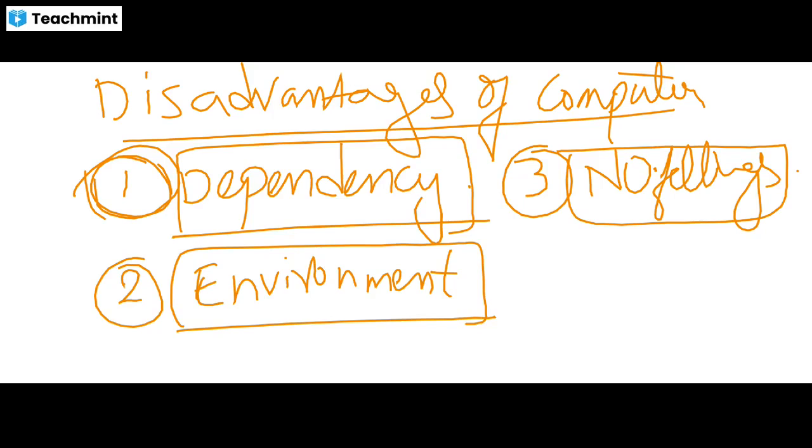If you take any person and we are assigning any work to that person, if his feelings are not good or he is very emotional, then he cannot work. But when coming to the computer, it does not have feelings and emotions, and it cannot make any judgment based on feelings.